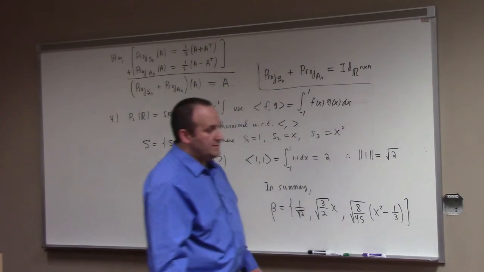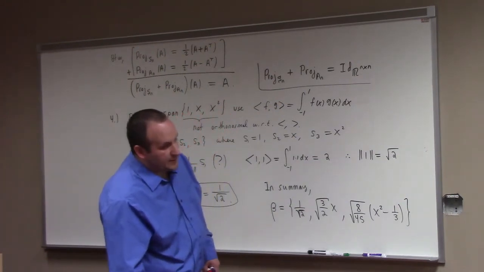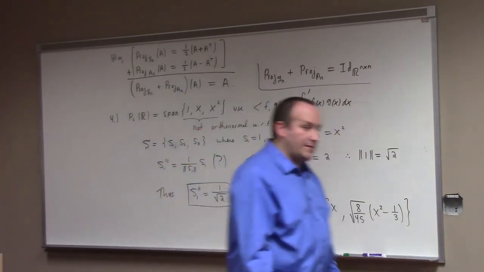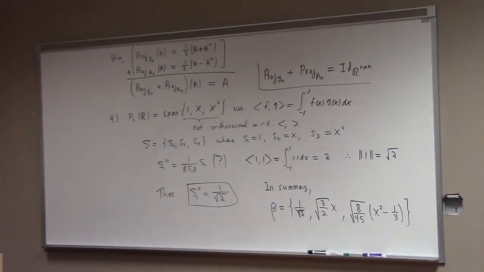That is an orthonormal basis with respect to the given inner product for the quadratic possibly degenerate polynomials.